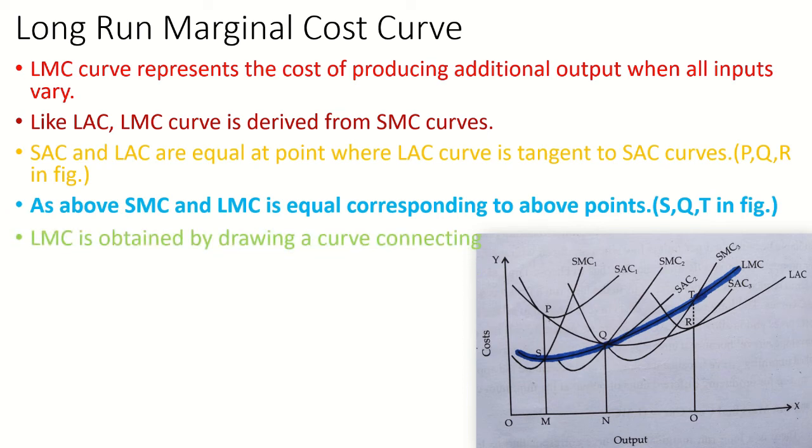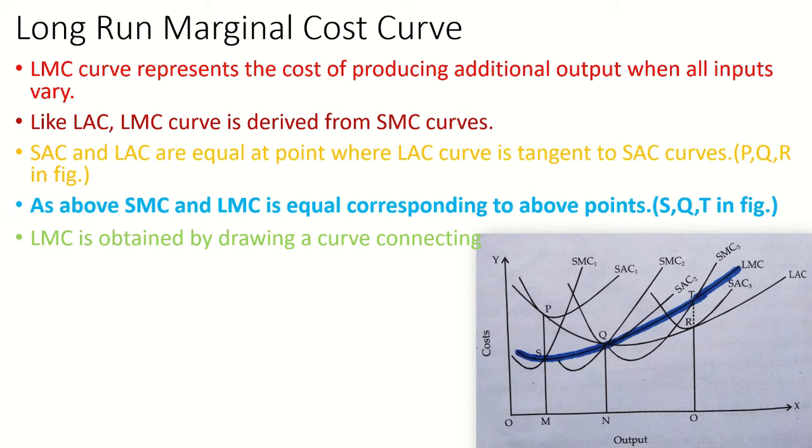So in the figure we can see two things: the SAC and LAC are equal at some points, and corresponding to those points, the SMC and LMC are also equal. How do we get the LMC, the long-term marginal cost curve? How can we draw the LMC curve?